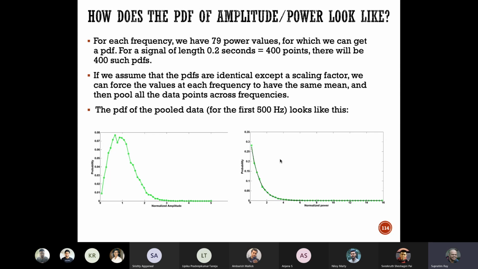Then I ask, if I do this experiment 80 times, what is the distribution of this power going to be across trials?